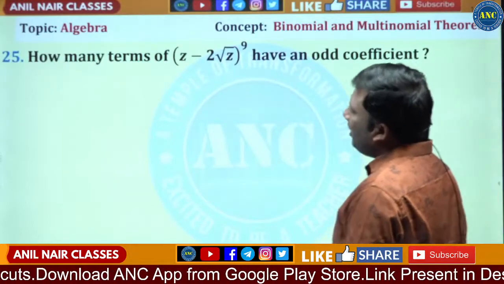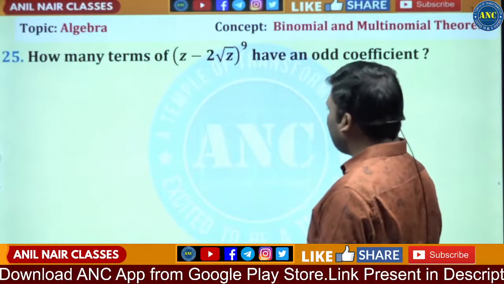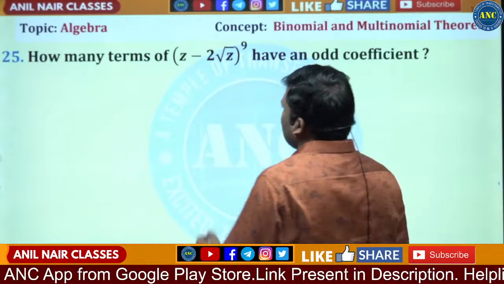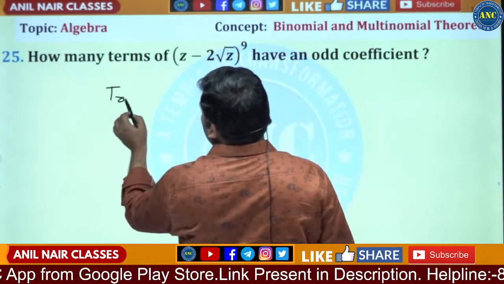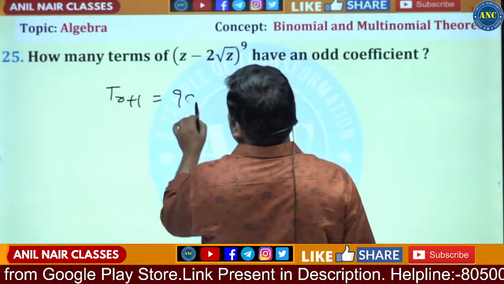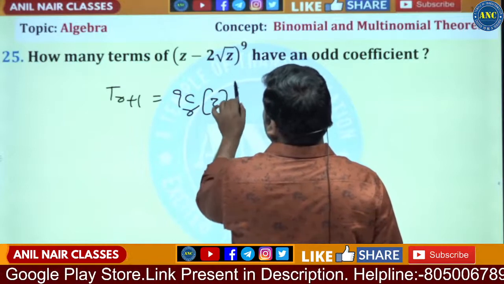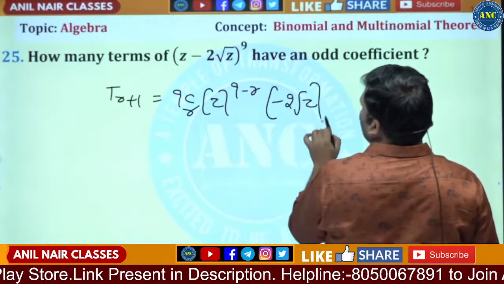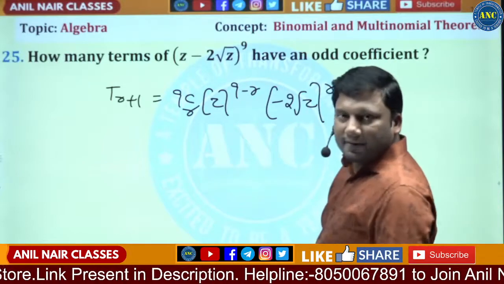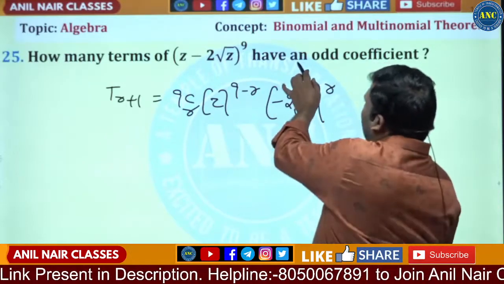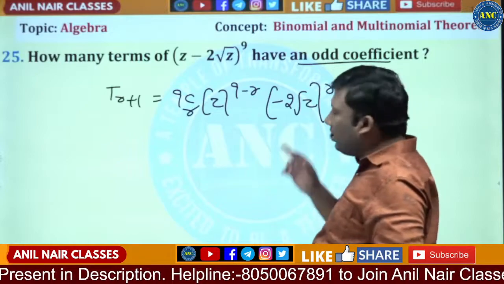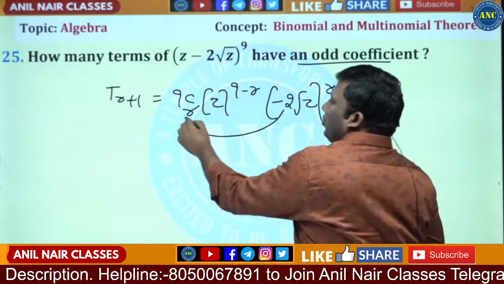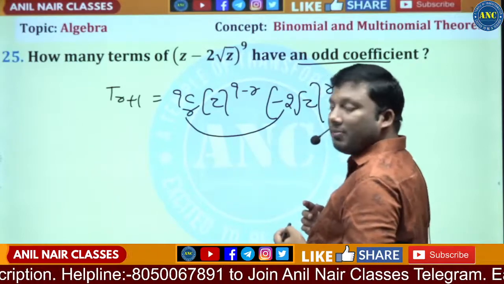24th. How many terms have got odd coefficients? Odd coefficients. Suppose see here. T(r+1) is equivalent to nCr z^(9-r) into 2^r z^r. Odd coefficients, right? Coefficients which are odd numbers. If r is 1, 2 into 9C1, it will become even.